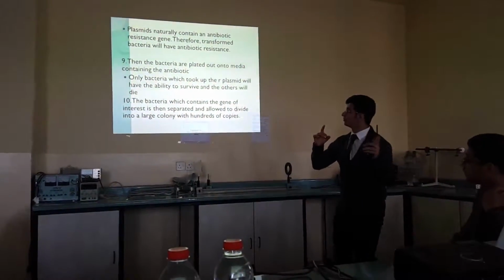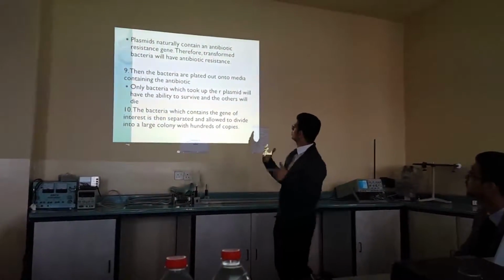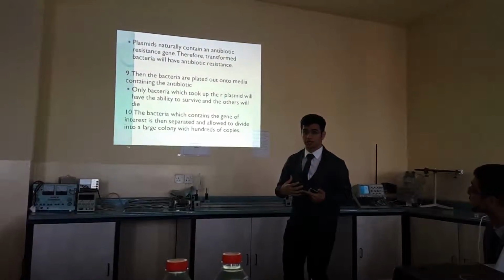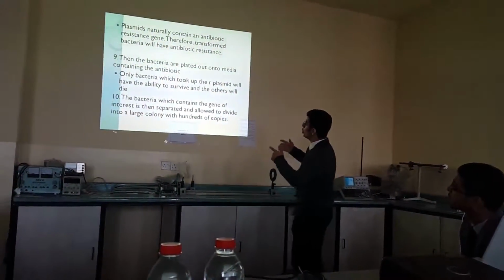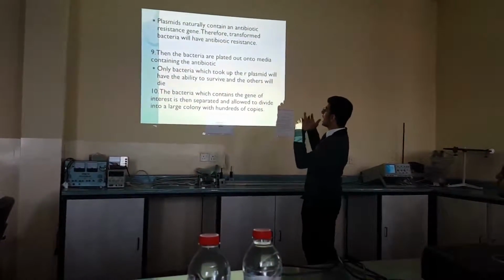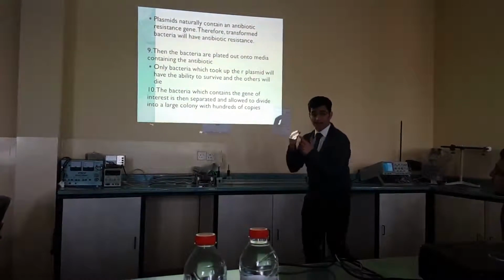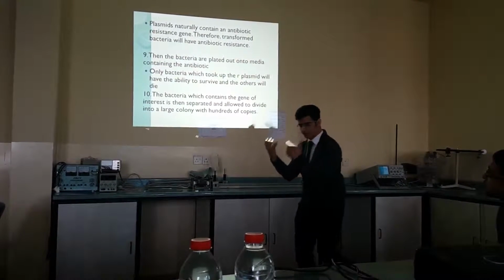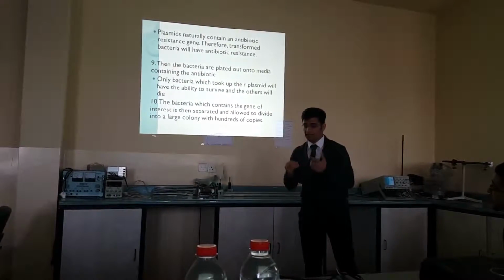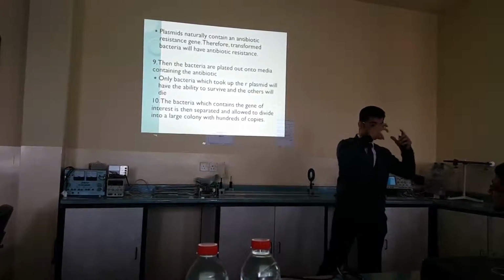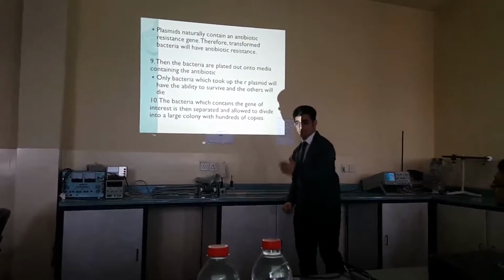As you know, as we took before, plasmids naturally contain an antibiotic resistance gene. In the plasmid we have a gene which is responsible for antibiotic resistance. Therefore, transformed bacteria will have antibiotic resistance. As I mentioned before, some bacteria will not take the recombinant plasmids. So how can we differentiate between the bacteria which did take the recombinant plasmid from those which didn't?